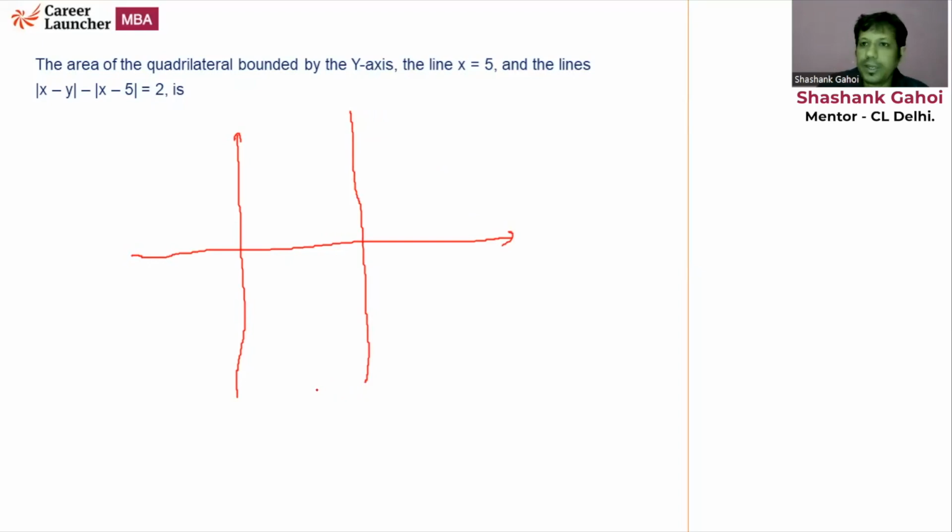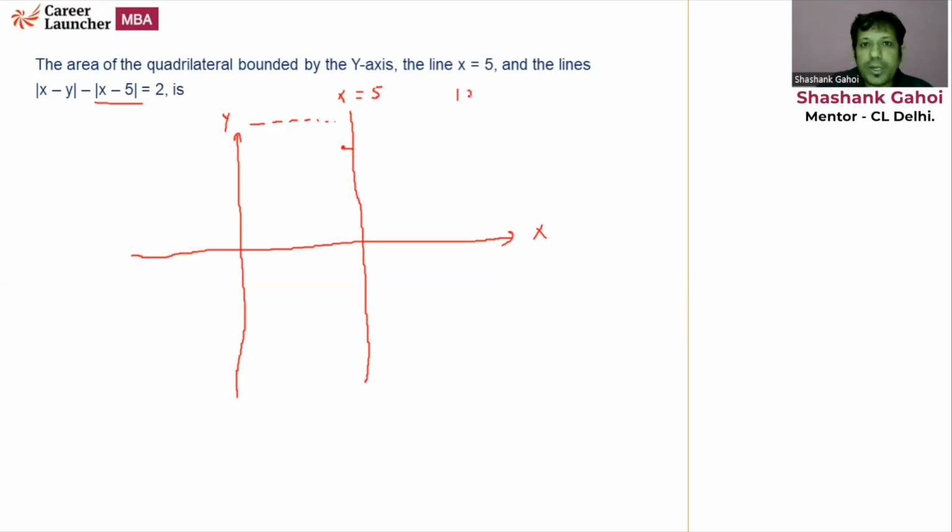So what I have done, I have drawn the coordinate axis and a line x equal to 5. Okay. So this is my x-axis, this is y-axis, this is x equal to 5. Okay. Now, we have a term, mod of x minus 5. And I need to find the area in this particular region. So x is definitely always going to be less than 5.